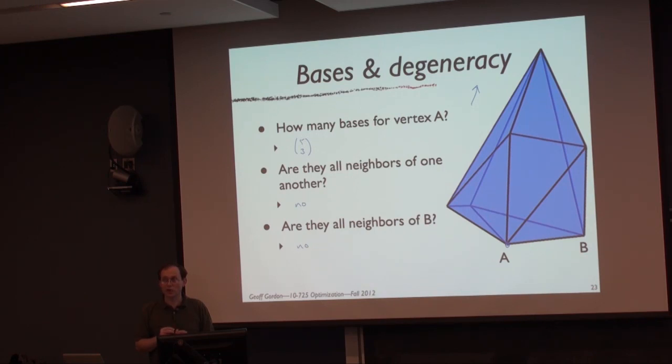So if all of your reduced costs are the right sign... I have to think about that. Maybe it'll be easier to answer after we talk about duality. The question was, how do you terminate?